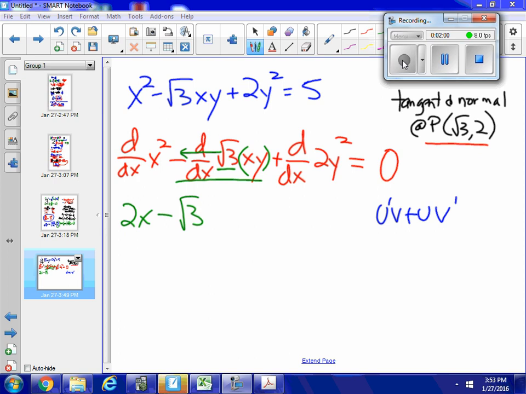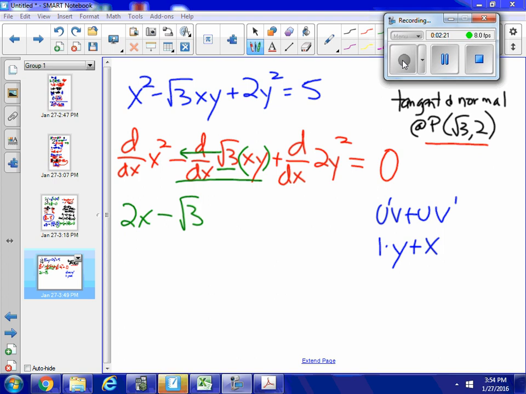So I have x and y. I'm finding the derivative of xy. The derivative of u, that is my x, is 1, and that's times y, plus u, which is x, times the derivative of y.